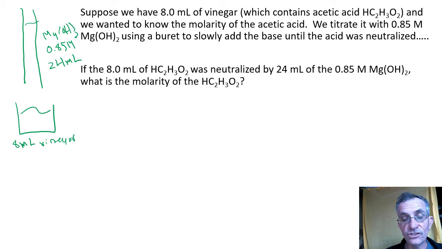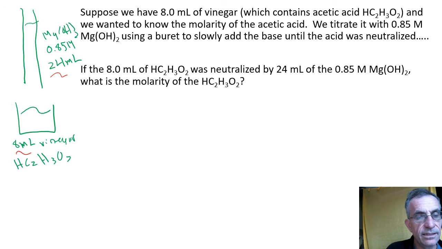You're usually going to be given the volume of both chemicals, the acetic acid, the vinegar, and the magnesium hydroxide, and you're going to know the molarity of only one of them. This time, that is the magnesium hydroxide. I am looking for the molarity of the other one.